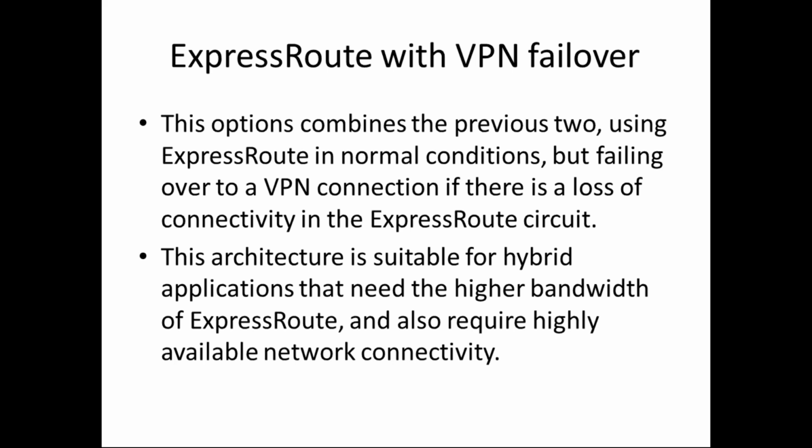So just in case ExpressRoute fails, your workloads transition or fail over to the site-to-site VPN. It's very good for applications that have a hybrid architecture, that need the really high bandwidth of ExpressRoute, but also must always be available.